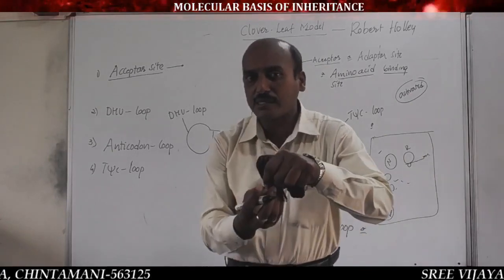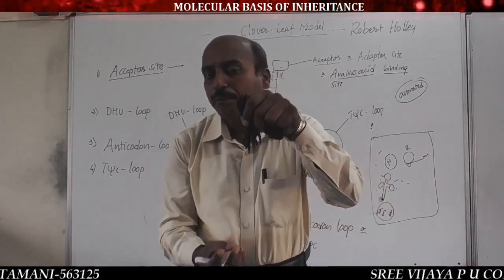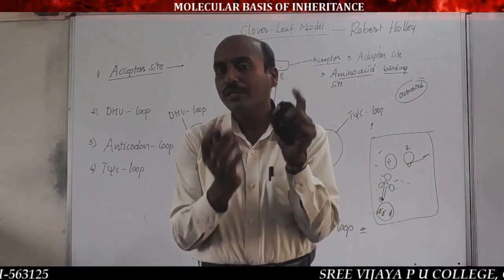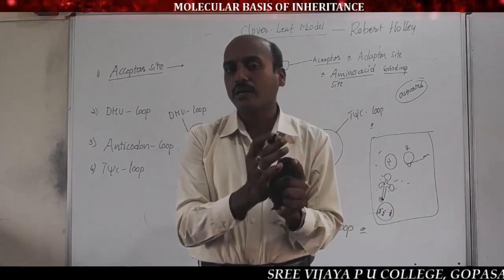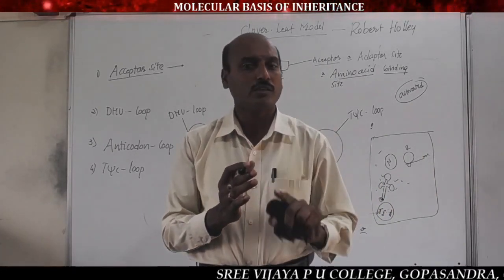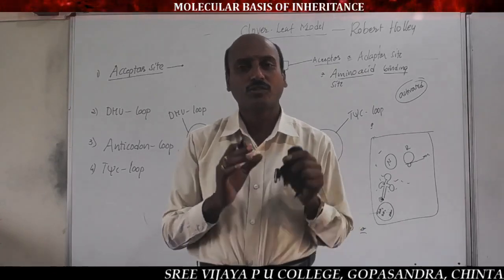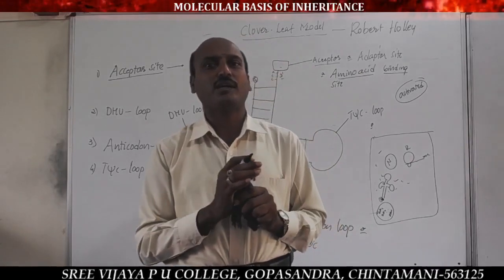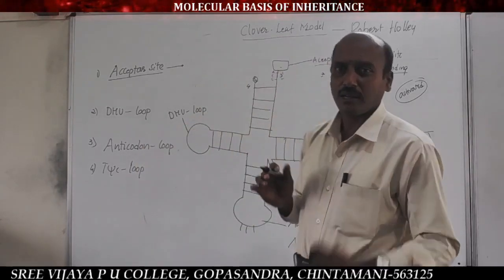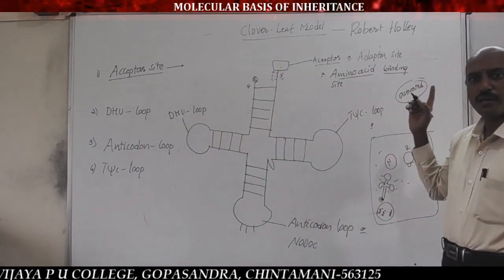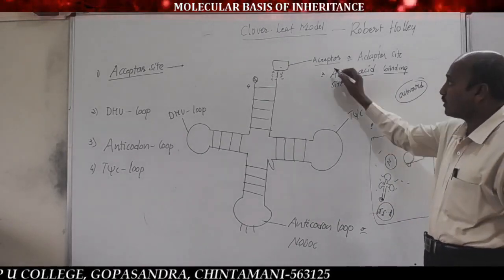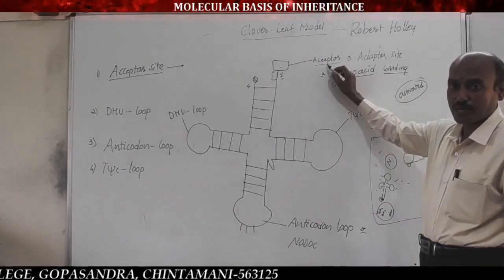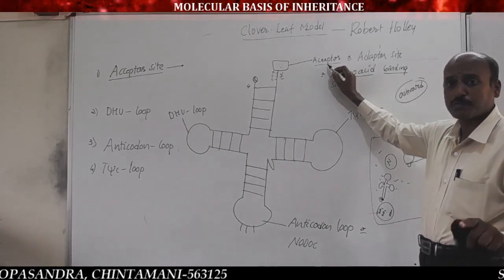So this end of the clover leaf of tRNA is commonly called adapter RNA or amino acid binding site or acceptor site because of accepting a specific amino acid.